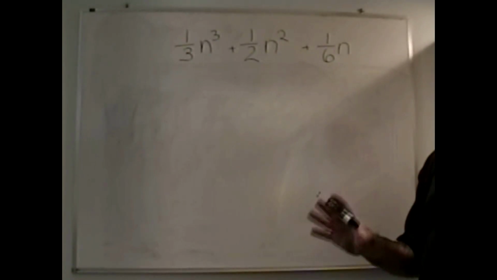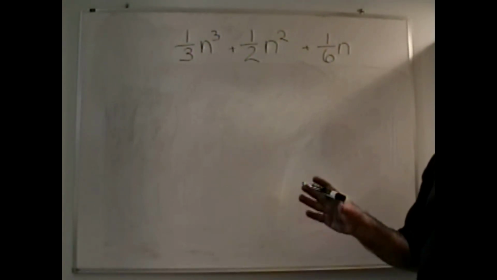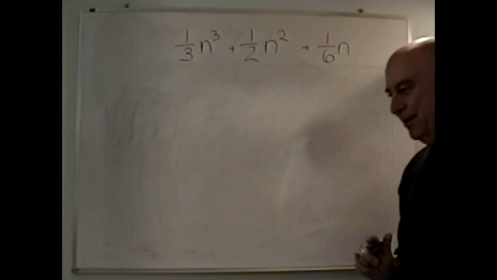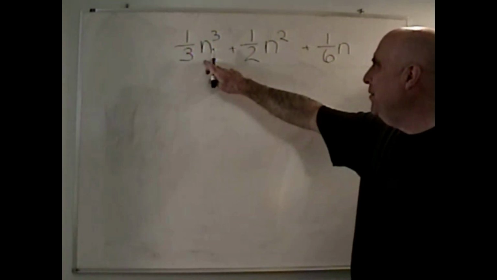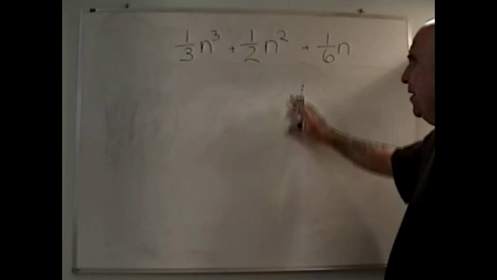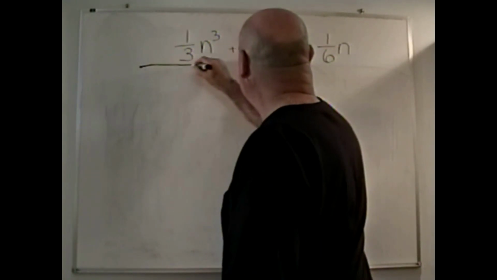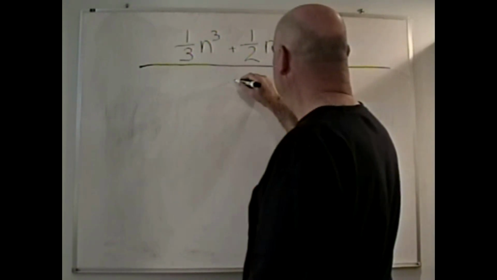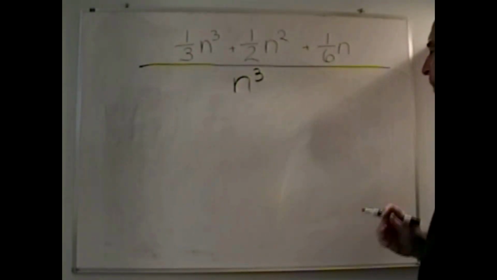So if we have a cube with dimensions of n by n by n, and inside this cube we build a step pyramid where the height of each step is equal to 1, then the combined volume of the steps of the pyramid will be equal to 1/3 n cubed plus 1/2 n squared plus 1/6 n. But if we want to get the ratio of the volume of the step pyramid to the volume of the surrounding cube, we've got to divide by the volume of the surrounding cube, which is equal to n cubed.